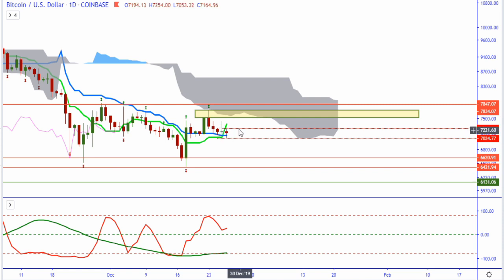Now, if we could get this rally here off of this support level from the Kijun-sen, have a pretty good opportunity. You got a TK crossover that just turned bullish, but that's all you have on this chart right now. Chikou span is below price.